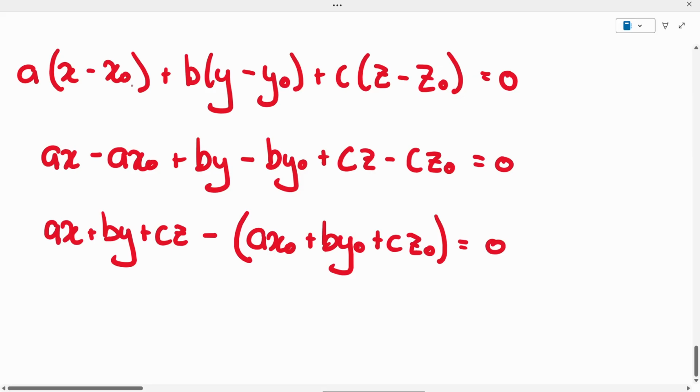The minus sign outside the bracket changes the signs. So I grouped the x, y, z, and then I grouped the x0, y0, z0.